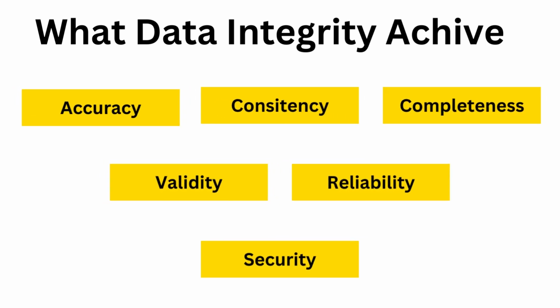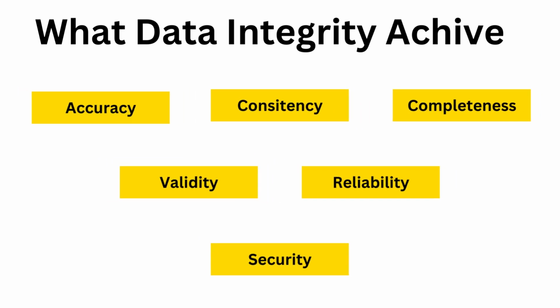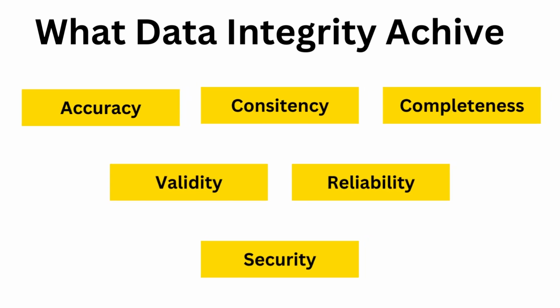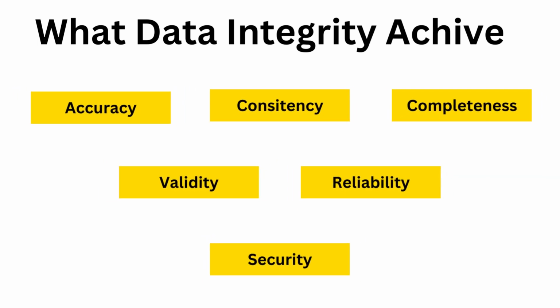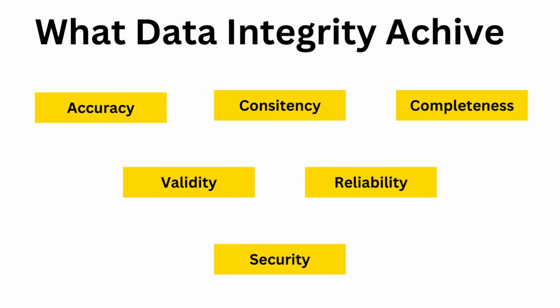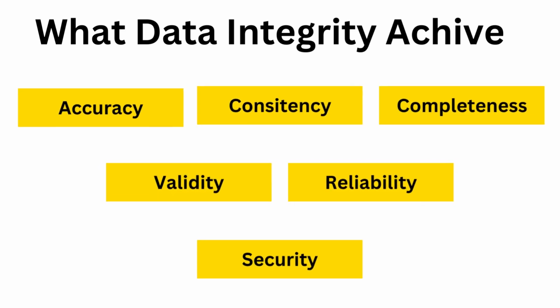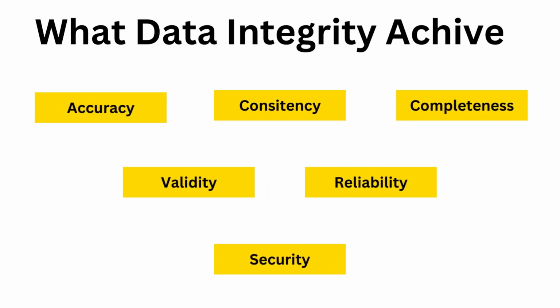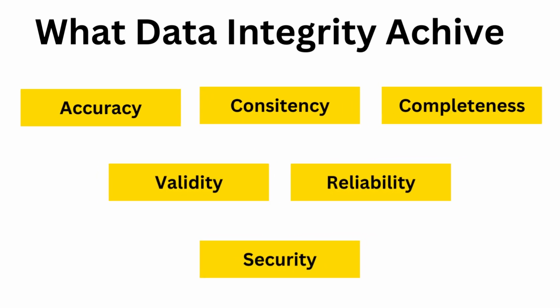Security measures like encryption, access controls, and backups help maintain data integrity. For an example, healthcare records of individuals must be securely stored and only accessible to authorized medical personnel to prevent data breaches and privacy violations.